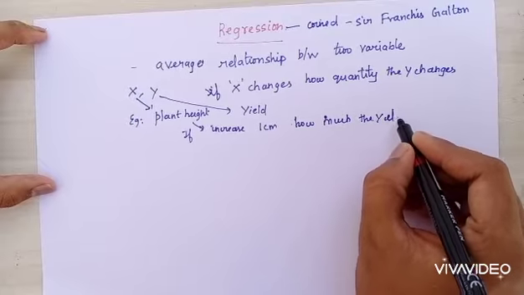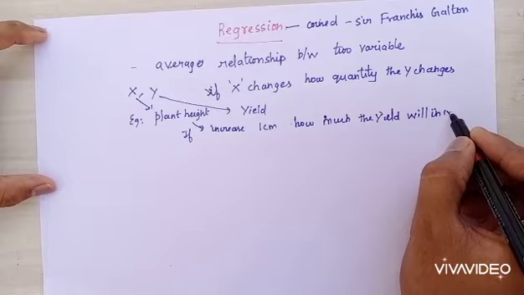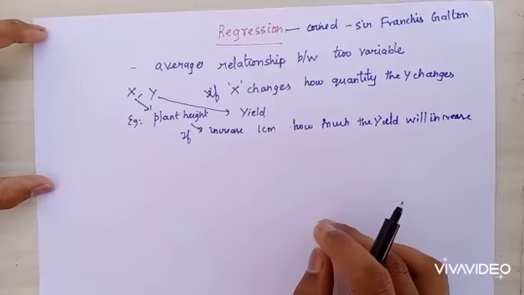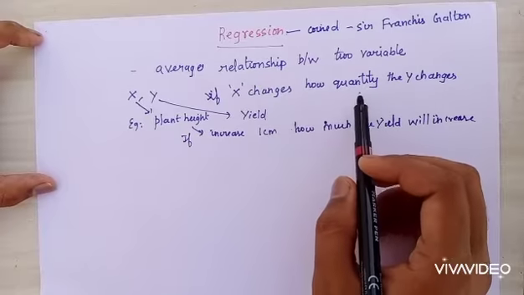That we can find by using regression. So this is the average relationship between two variables to find the quantity of change.